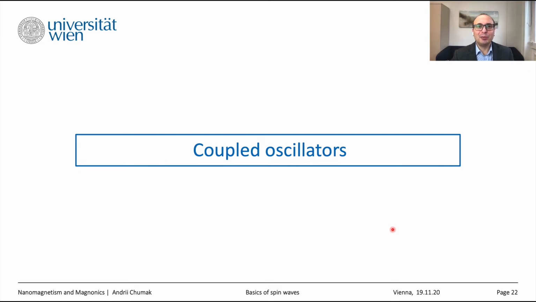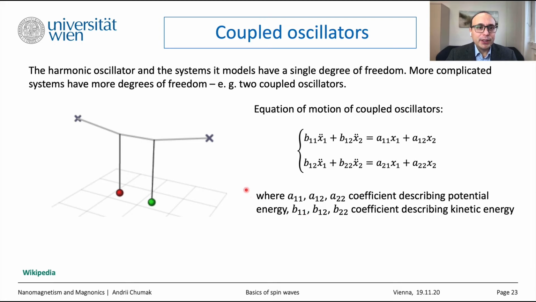But before, let me briefly jump back to the harmonic oscillators. But instead of one oscillator, I want to refresh your memories on what happens if you have two coupled oscillators. Here we have two pendulums. As you know, a pendulum is also just the simplest harmonic oscillator, as long as your angle of displacement is not very large.